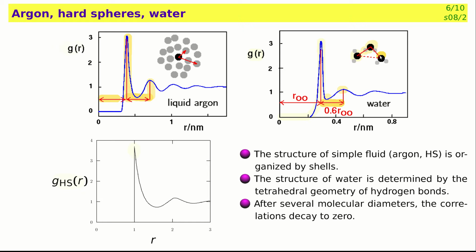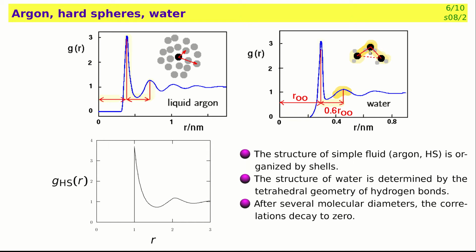The second neighbor here is controlled by 2 hydrogen bonds. They correspond to a tetrahedral arrangement of 2 water molecules around 1 water molecule. That is, this dotted distance is quite probable. But because of the geometry, it doesn't occur at twice this oxygen-oxygen distance, but shorter, and it's about 0.6.